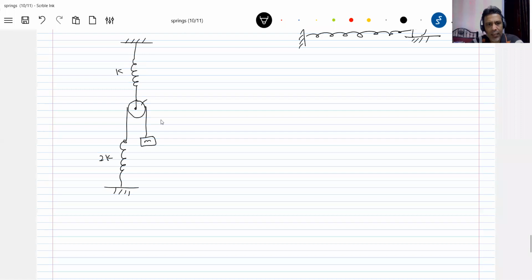This pulley is light. Now I want the effective spring constant of the system. Effective spring constant of the system. So what we should do? We have to find out the equivalent spring constant. Are they series or parallel?